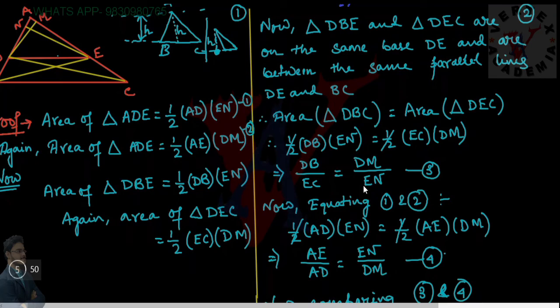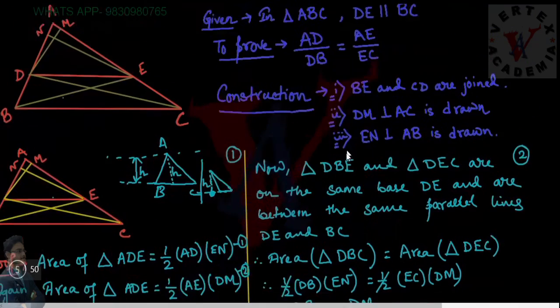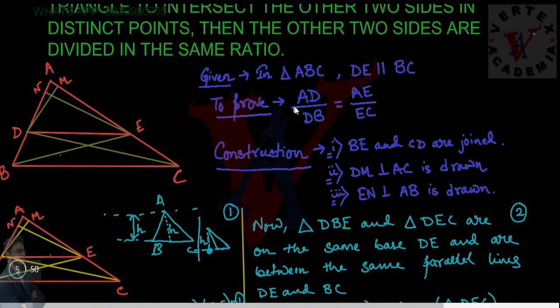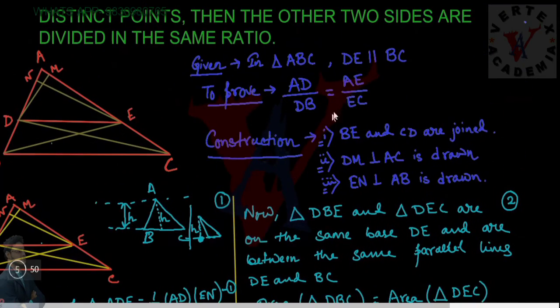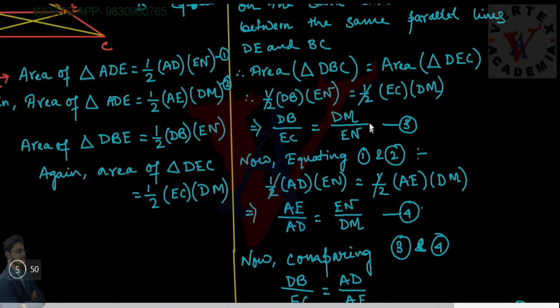We don't need those. So we have already achieved half of the result, DB and EC, right? We have to omit this DM by EN part somehow and get the other required expressions, right?